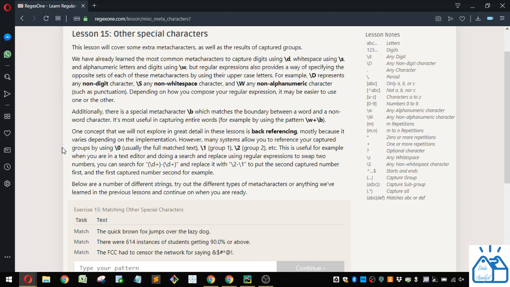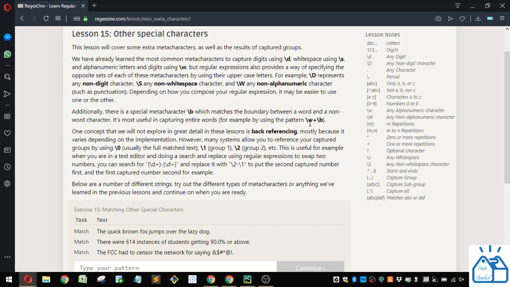Depending on how you compose your regular expression, it may be easier to use one or the other. Additionally, there is a special meta character \b, which matches the boundary between a word and a non-word character. It's most useful in capturing entire words, for example, by using the pattern \w+\b.